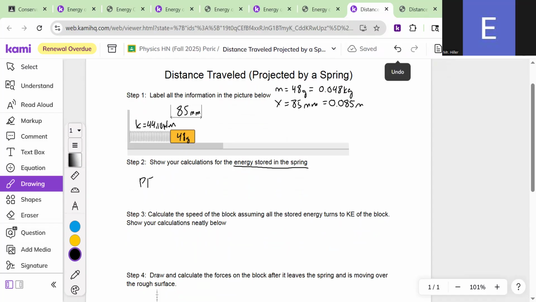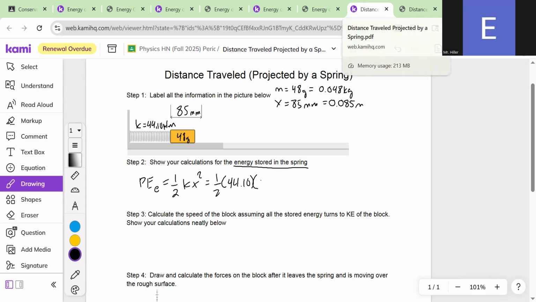Well, the elastic potential energy equation is 1/2 K x squared. So 1/2 times your K, 44.1, times X, 0.085 squared. Figure this out. This is going to be your initial energy in the problem.